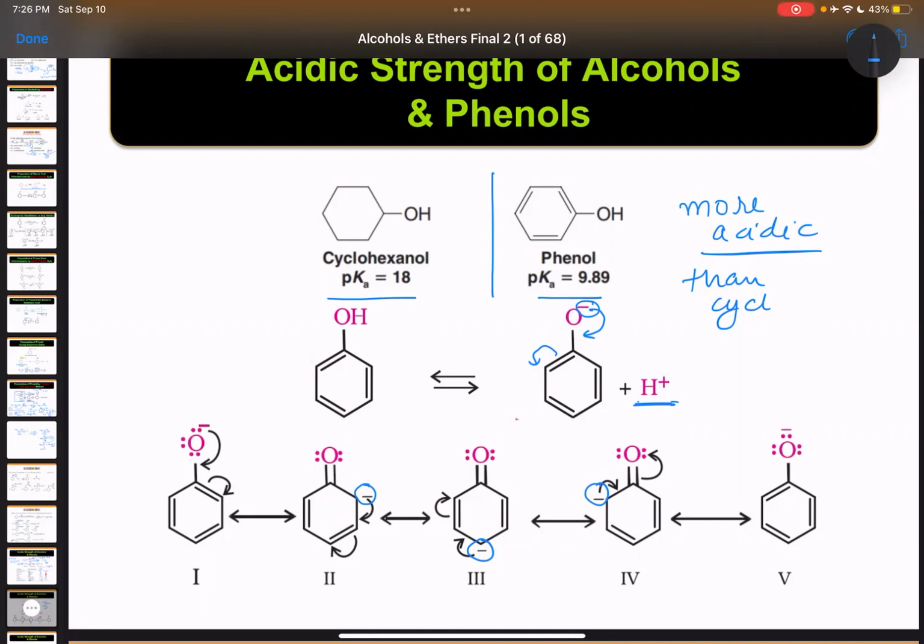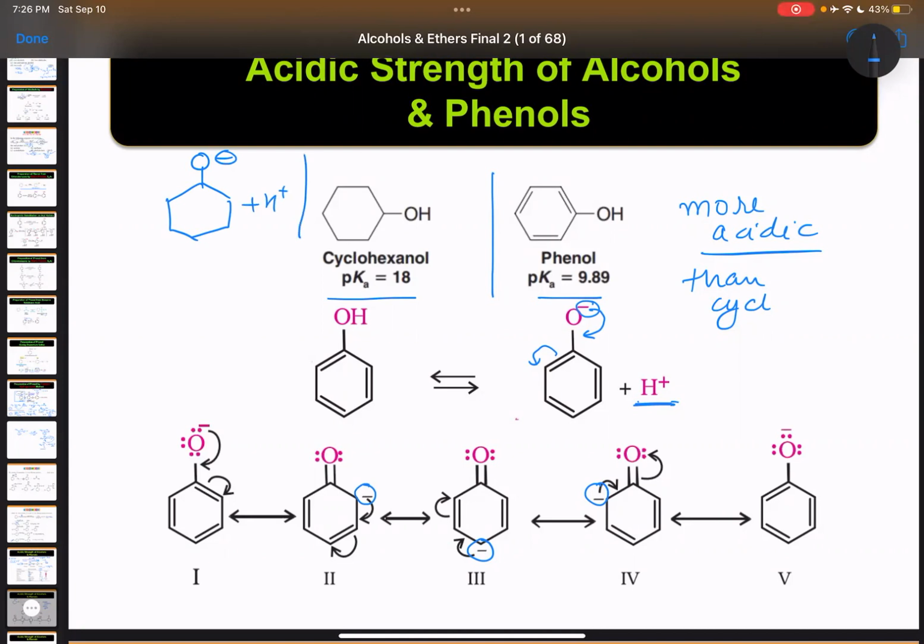That is the reason. But cyclohexanol, what will happen? If you remove H plus, you will get O minus. And this O minus is not going anywhere.